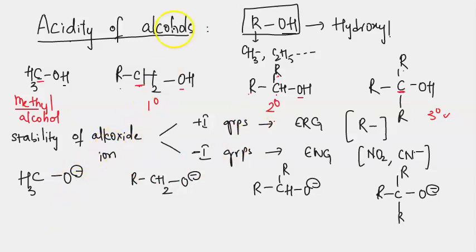Now here in these molecules, CH3 is donating electrons onto O minus. Here CH2 is donating electrons onto O minus, and the positive charge created on CH2 by donating electrons onto O is again supported by the R group. In the third case, there are two R groups supporting the carbon which is giving electrons onto O minus.